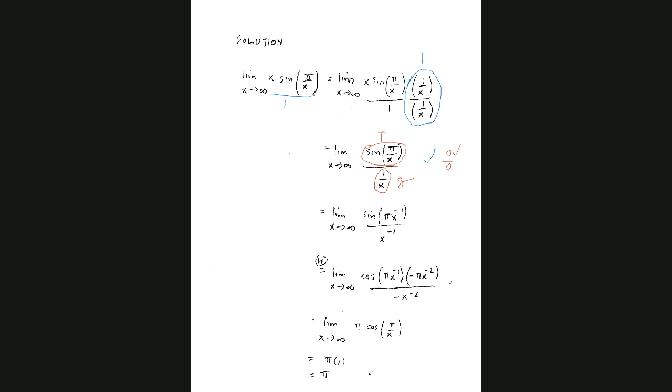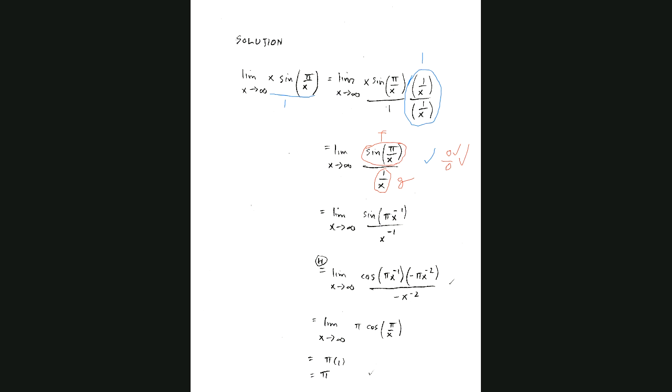I need a function f divided by a function g, so it seemed easiest to rewrite x times the sine of pi over x as the sine of pi over x divided by 1 over x. Now we've confirmed that we have an indeterminate form, and therefore, good question, Tyreek, we can apply L'Hopital's rule.